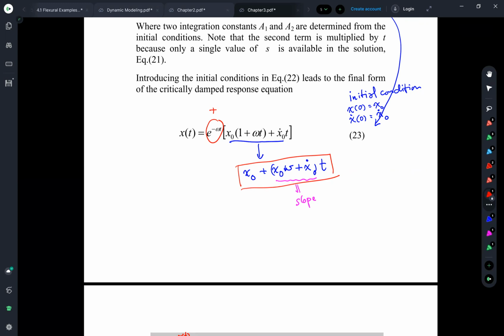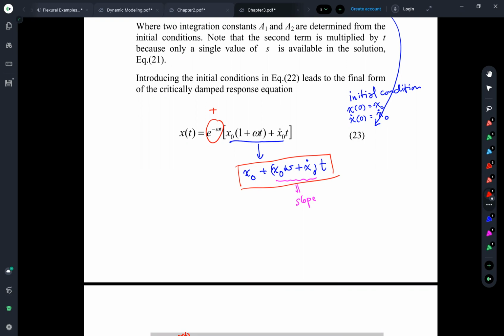I can change the sign by, for example, x0 being a positive number but the slope being negative. When time increases, the negative value will become larger than the positive number, and it can change from positive to negative.